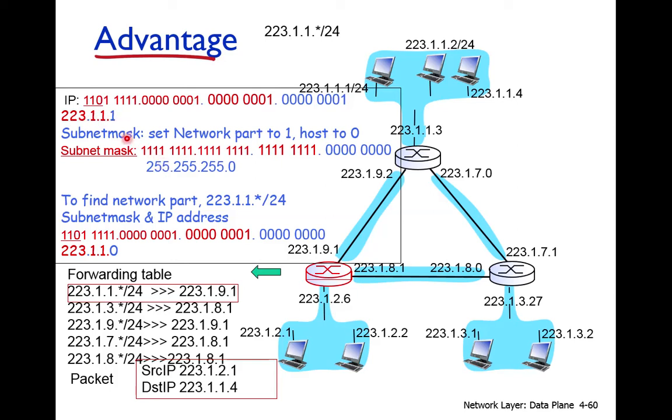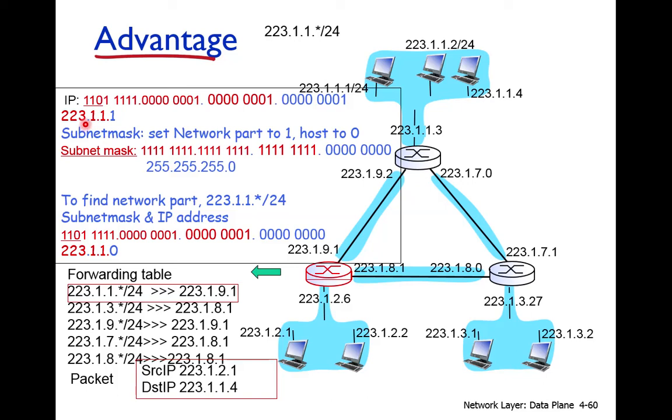This IP address and subnet mask together are equivalent to the representation 223.1.1.1/24. This is a little bit easy to compute.